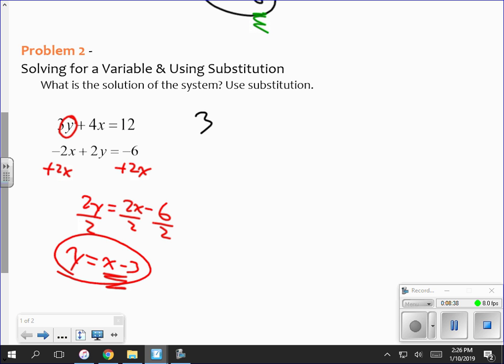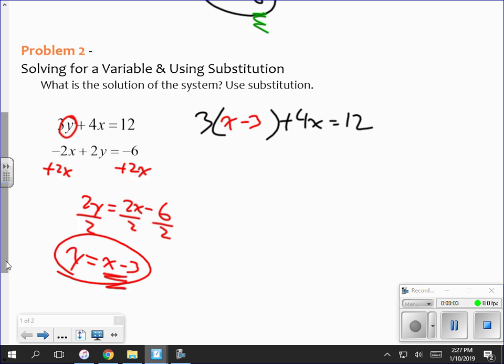So I now have 3 times whatever y is plus 4x equal to 12. And then what do we figure out y was? Y is x minus 3. So I have 3 times x minus 3. That's my substitution. And now I need to solve.